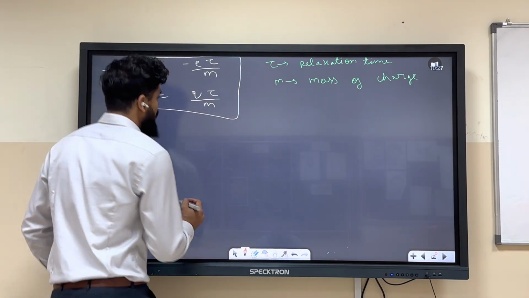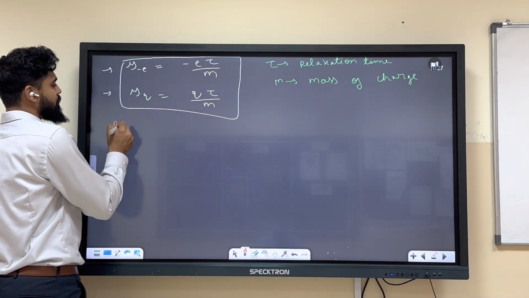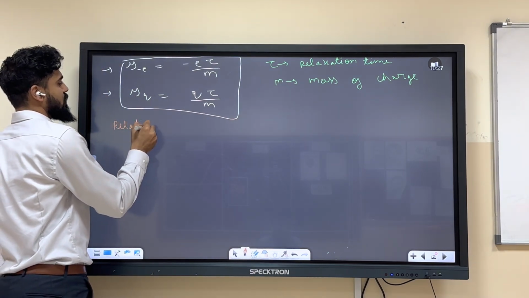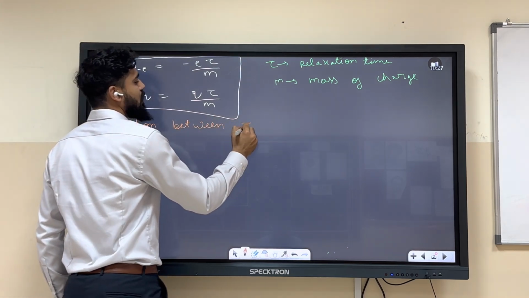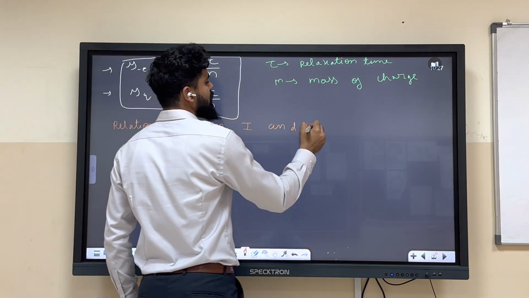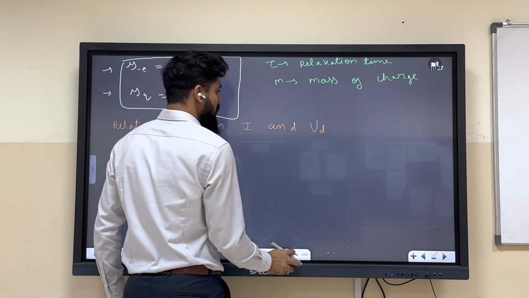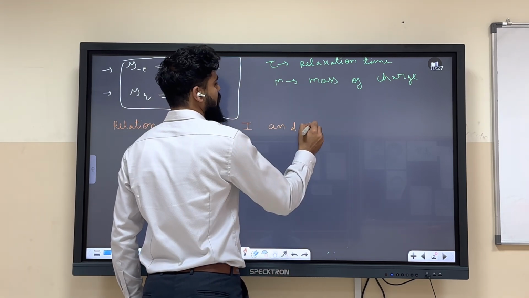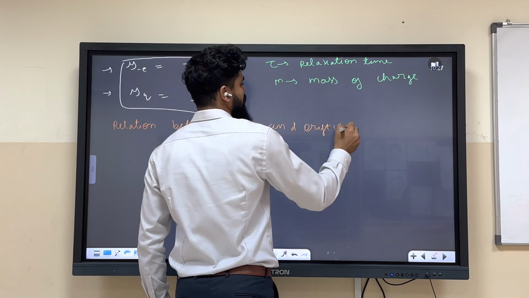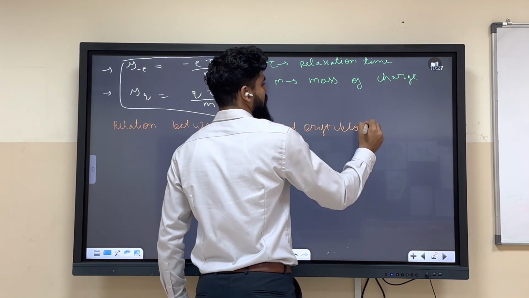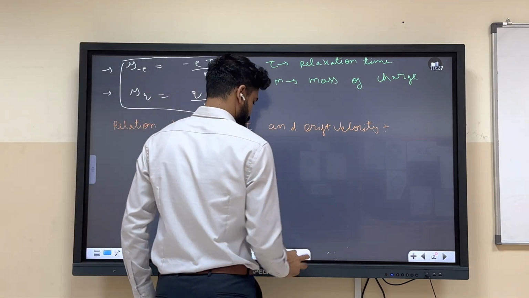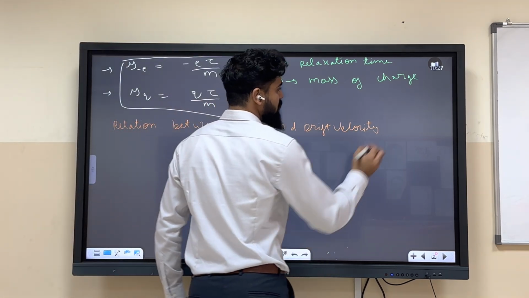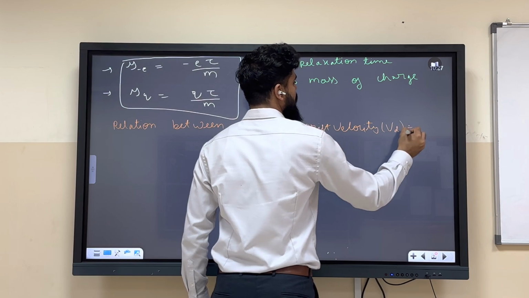So, the relation between I and Vd, drift velocity. We all know that drift velocity is Vd.